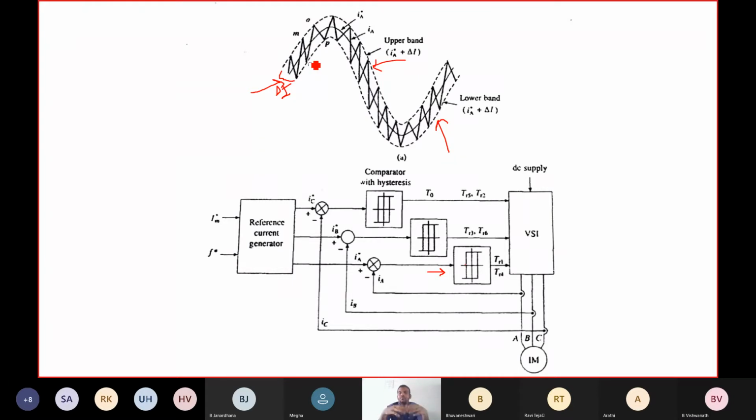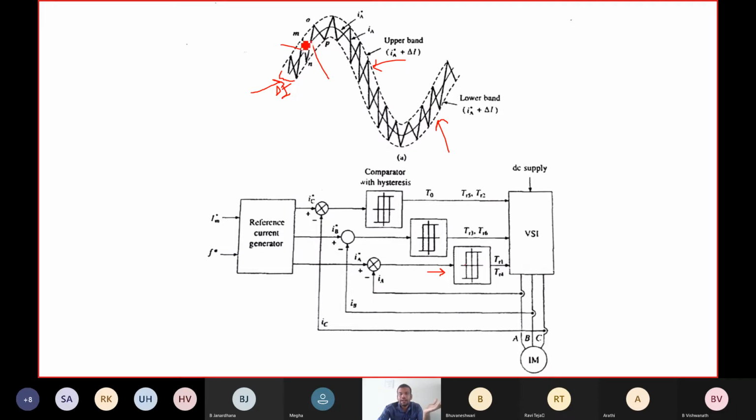After that one cycle, in the next cycle it reverses. TR1 will be on, TR4 will be off, and phase A will be connected to the positive terminal, so IA becomes positive. Then current flows from N to O. This Mn is called negative IA, and this NO is called positive IA.